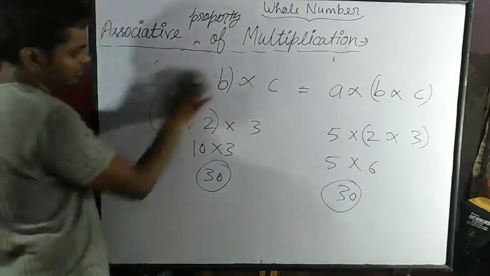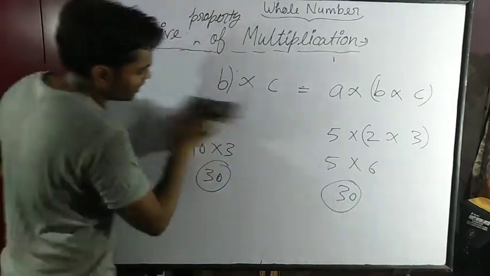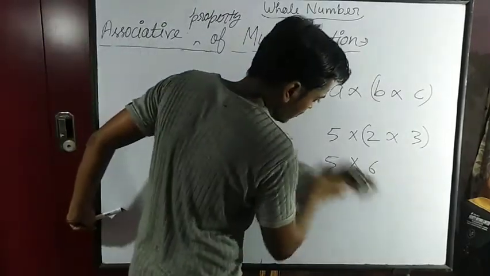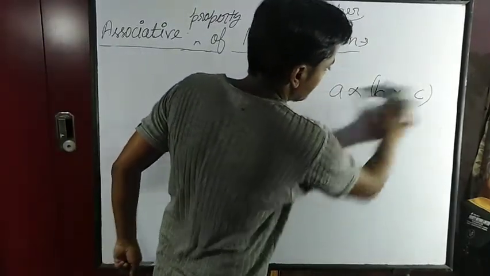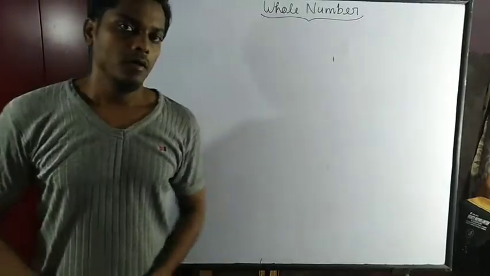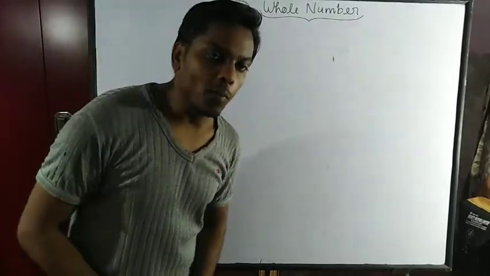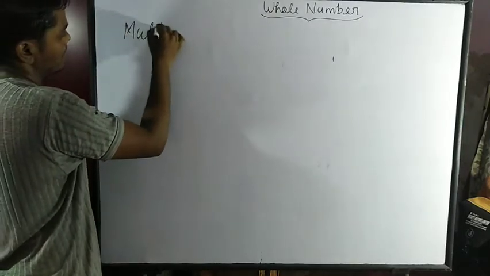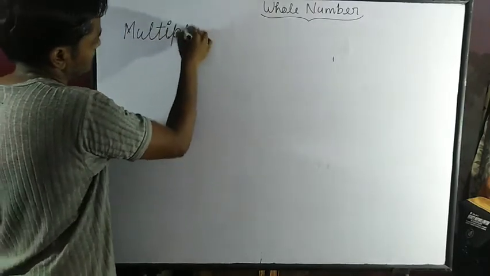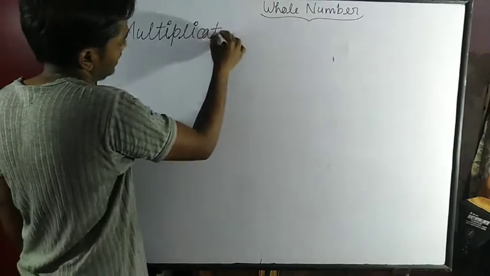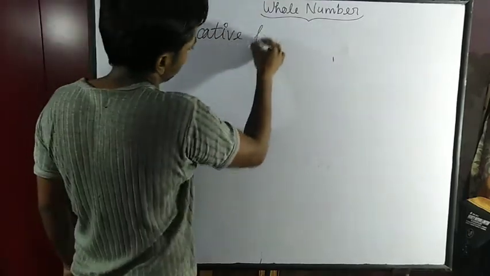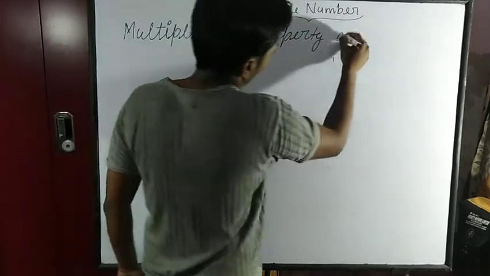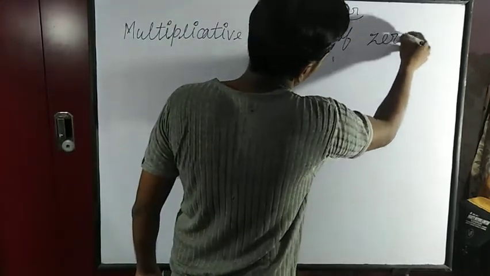Now we will see some more important properties of multiplication. Okay, we will see the multiplicative property of 0.